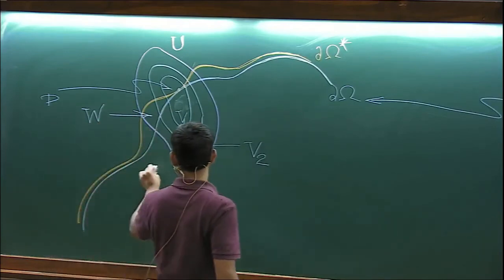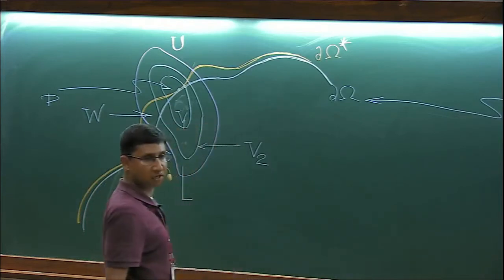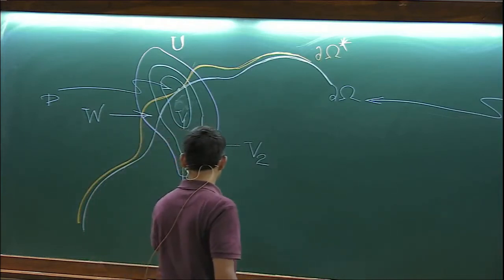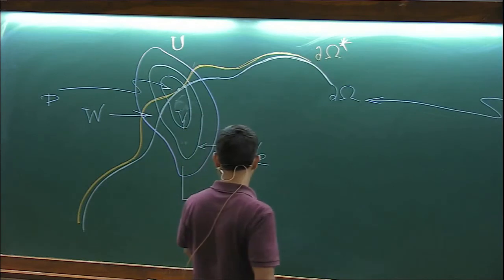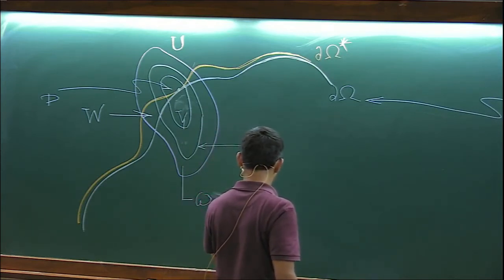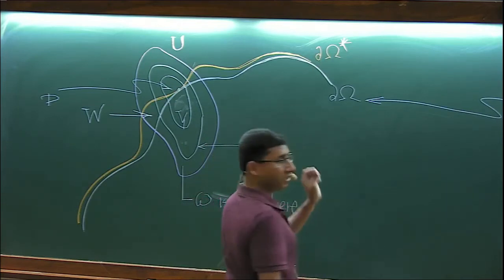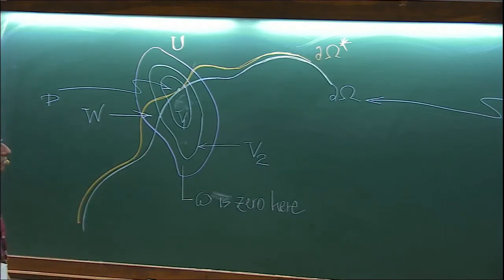So outside of V2, our form omega is 0 here. All right?